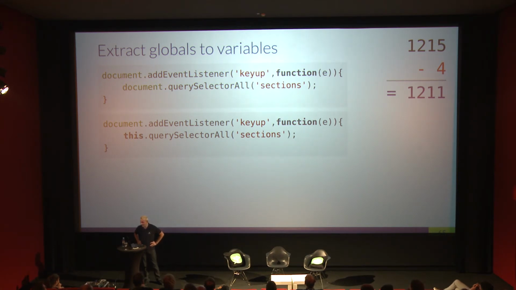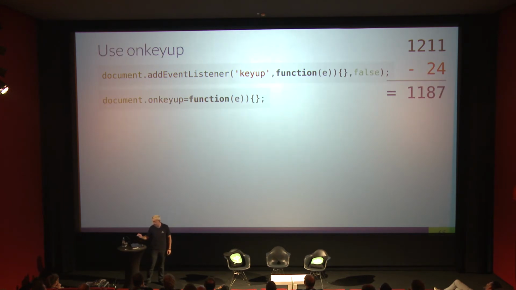So I use another trick, because inside the event handler function, the this keyword refers to the element the event handler was registered on. So it's the document inside, because I added the event listener to the document. So I can save 4 bytes.